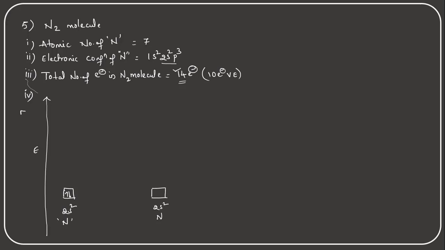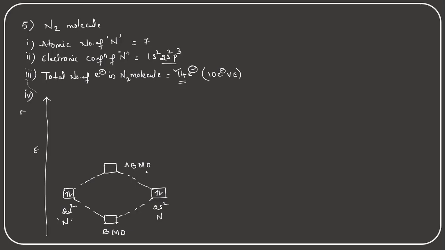So this orbital contains 2 electrons, and this orbital also has 2 electrons, and they will form the bonding molecular orbital and the anti-bonding molecular orbital by combining themselves, right? So this is the bonding molecular orbital, and this one is the anti-bonding molecular orbital.